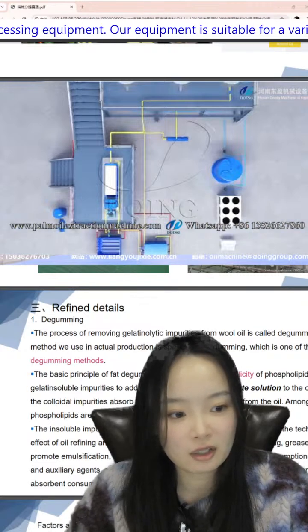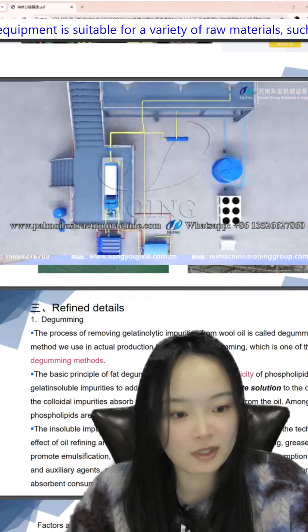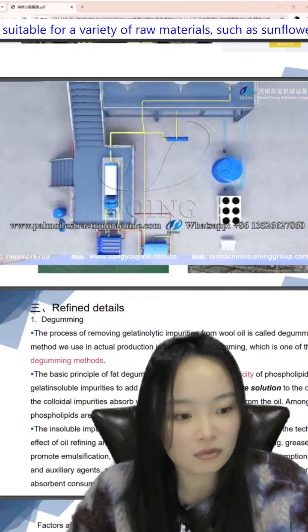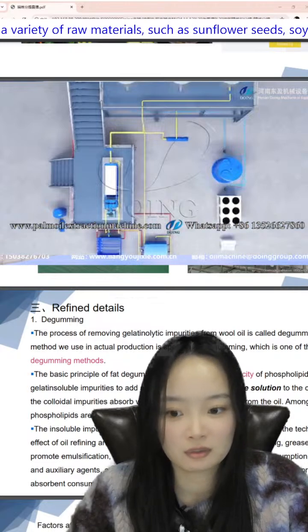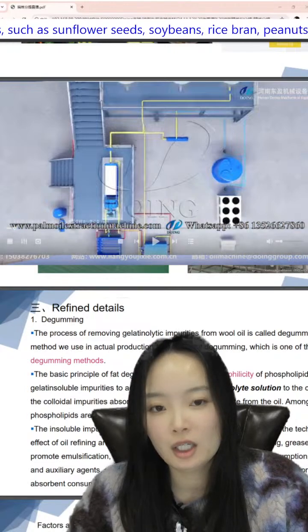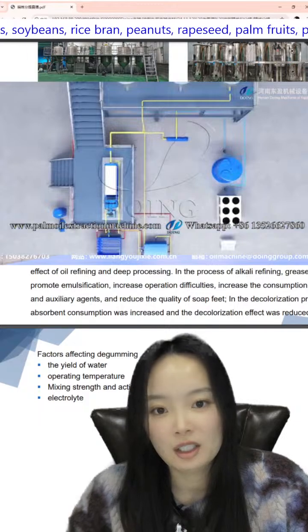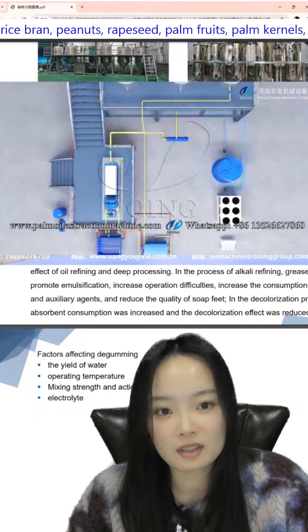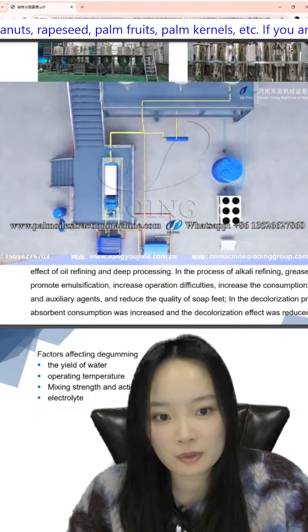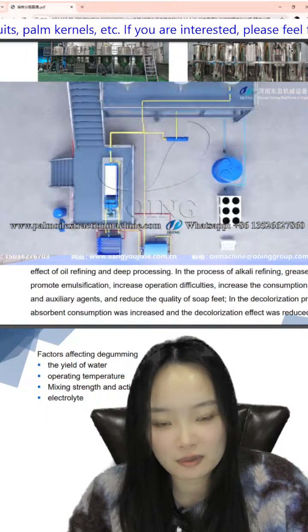In the decolorization process, the absorbent consumption is increased and the decolorization effect is reduced. And some factors will affect the degumming, such as the yield of the water, the operating temperature, the mixing strength, the action time, and the electrolyte.